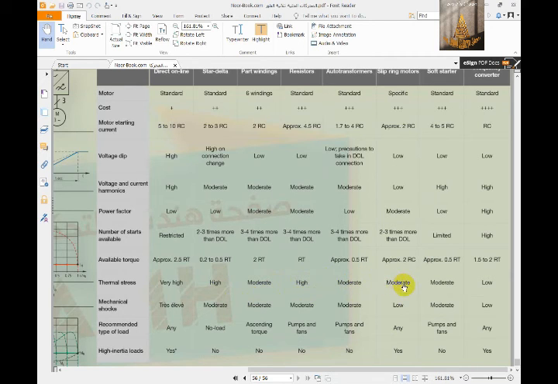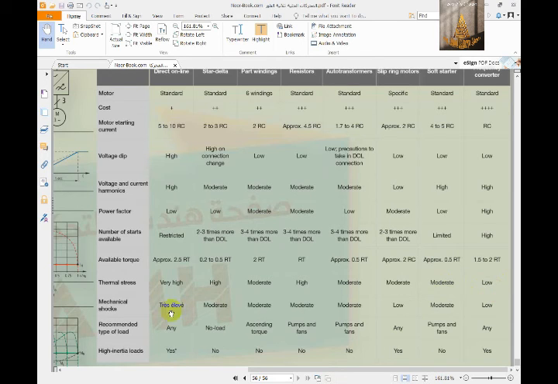Slip ring motors are moderate, because the ring is connected with the cord of the motor. Soft starter is moderate because it's controlling via the voltage. And you'll find the joker is low.